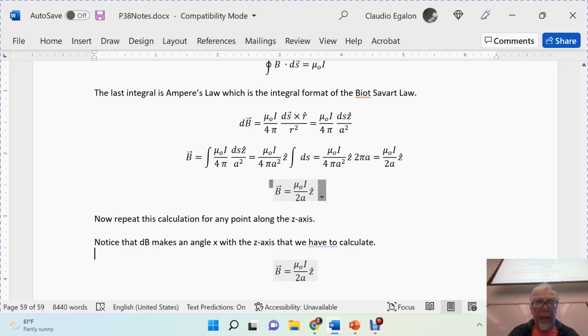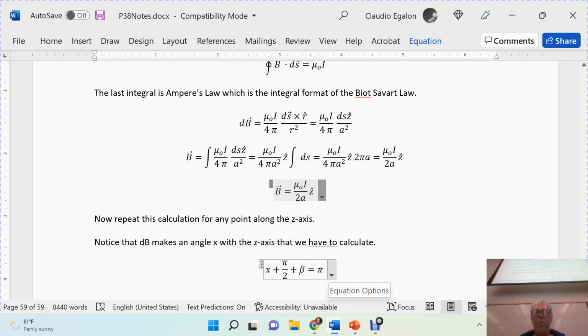This angle x plus pi over 2 plus an angle that I'm going to call beta is going to be equal to pi.